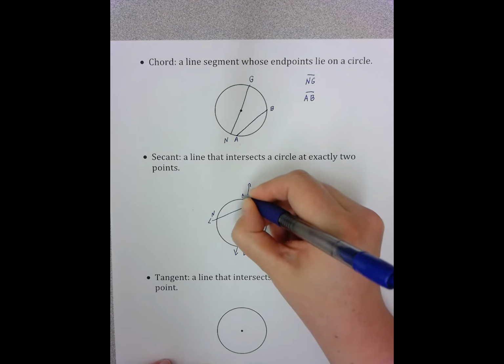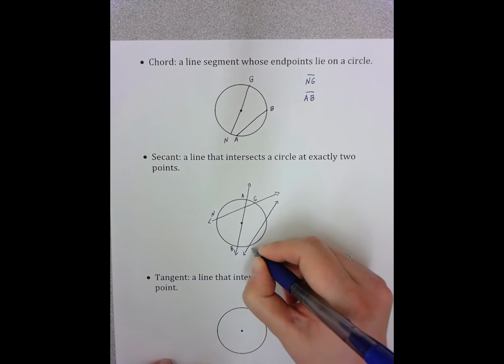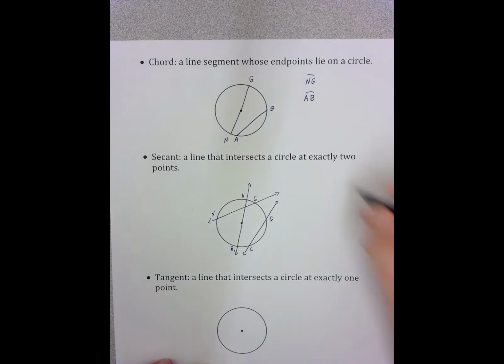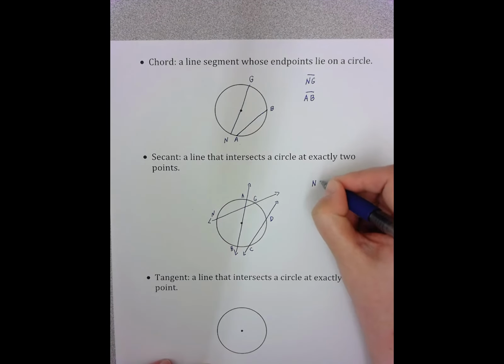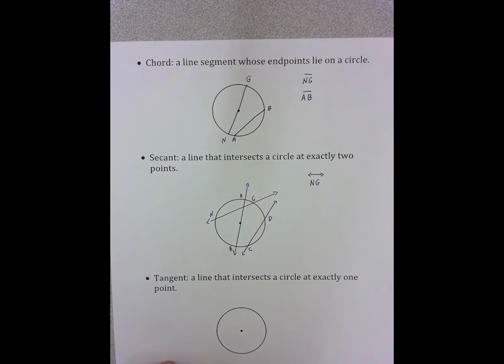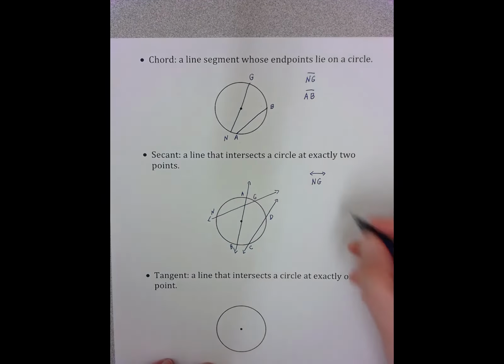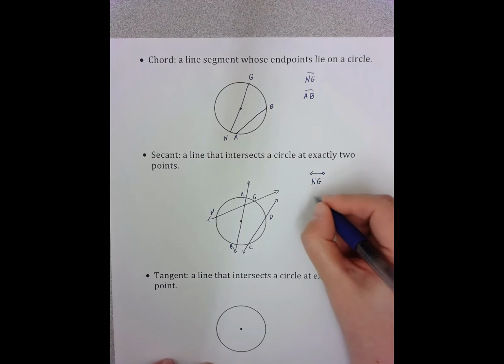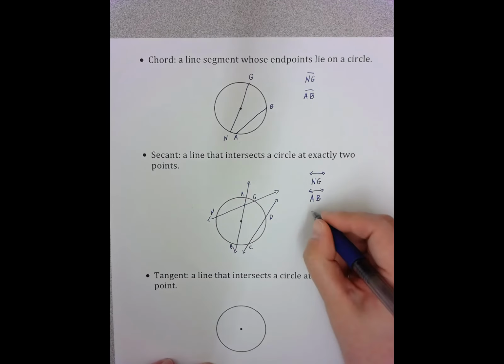However, when we name them, we use the symbol meaning line, not line segment, so it's a line with arrows at the ends. So line NG, line AB, and line CD.